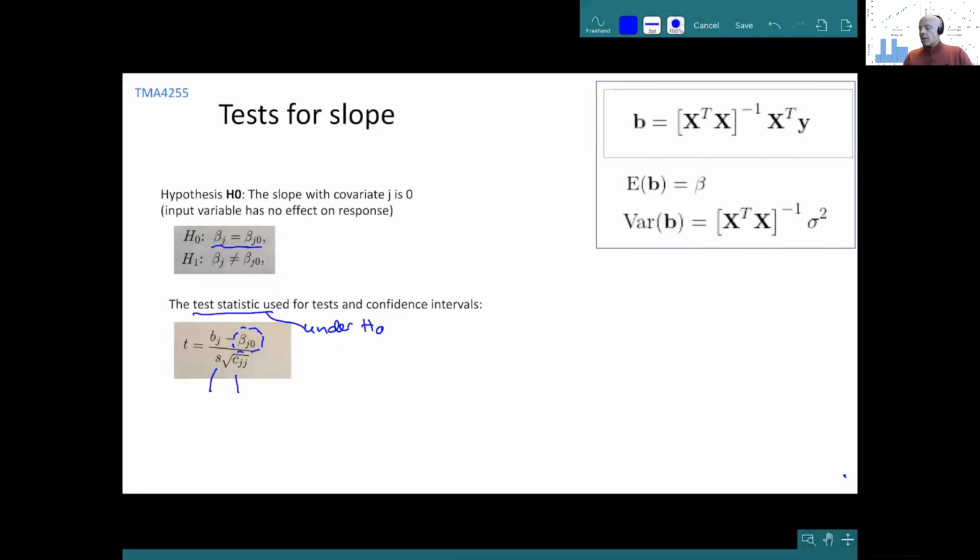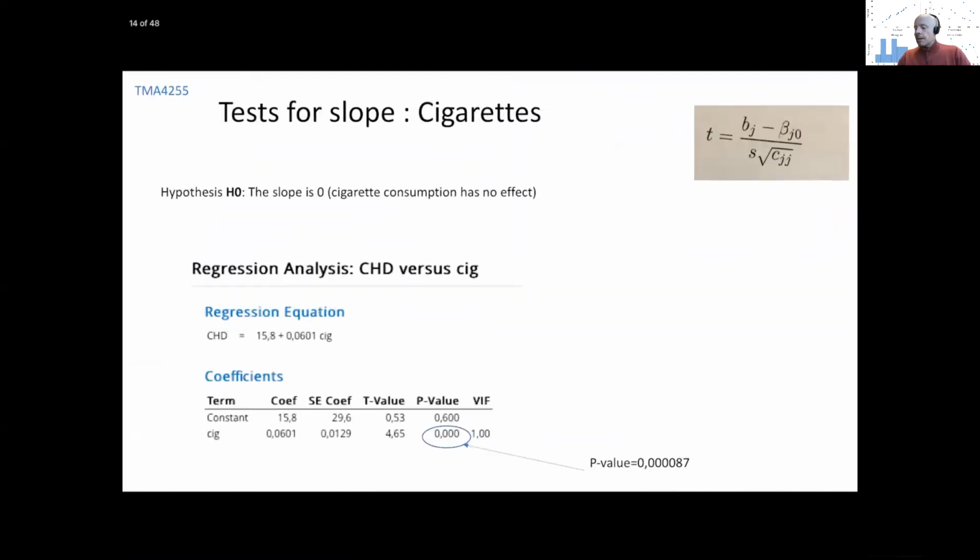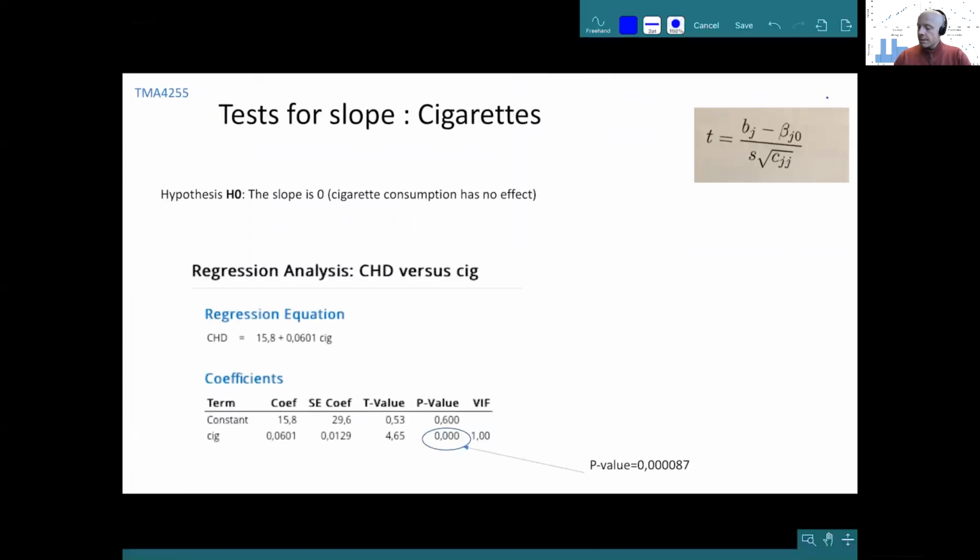Okay, we don't often compute this ourselves. We use some software. And here's a printout from Minitab where we have done this hypothesis test. And our beta J0 in this particular example is 0. So we test this one equal to 0. So this means T is B_j over S times the square root of C_jj.